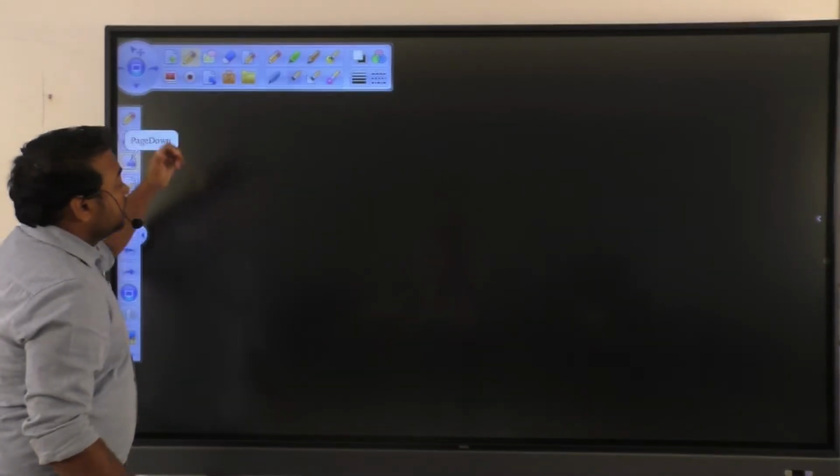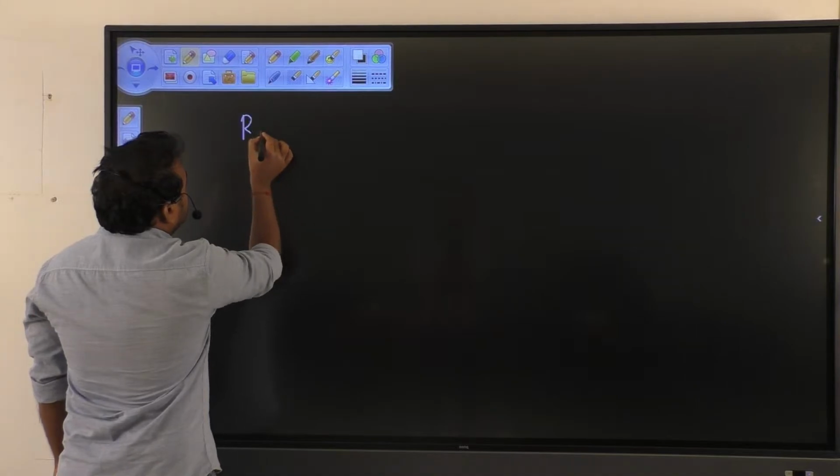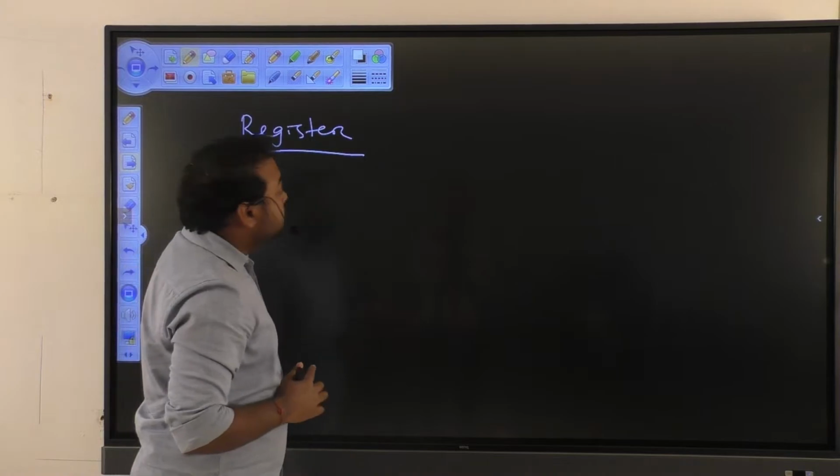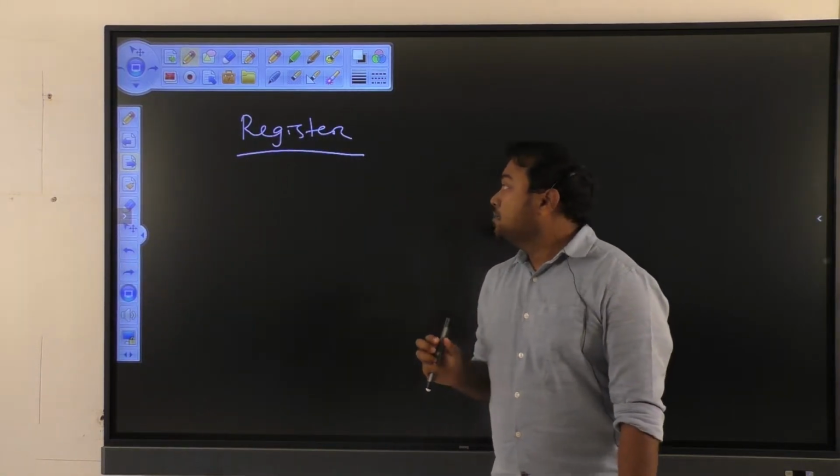Then the second one is register addressing mode. In register addressing mode, the data is present in the register.